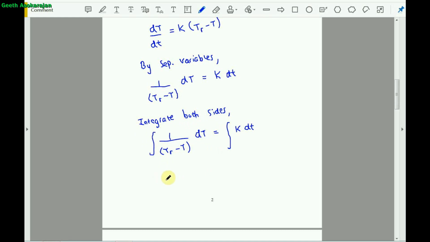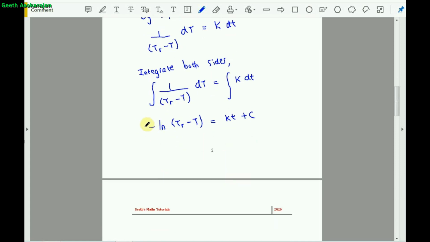So if we integrate that, we'll have minus ln TR minus capital T. So that is what you should have when you integrate the left hand side. Okay, and when you integrate the right hand side, you'll get Kt, but be sure to add an integration constant as you're integrating an indefinite integral.